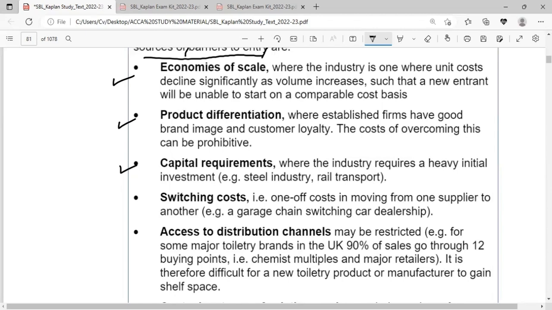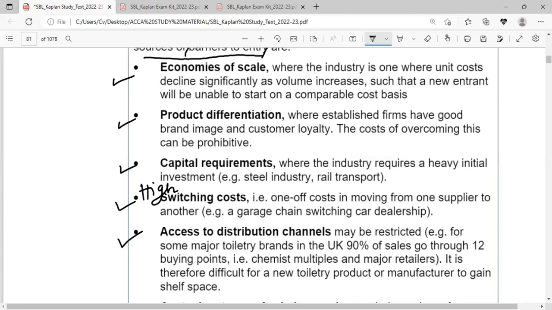Capital requirement means capital expenditure. If there is a high need of capital requirement or capital expenditure, definitely it will discourage the new entrants from entering the market. High switching cost of the customers, if there is high switching cost of the customers, it will also discourage the new entrants from entering the market.